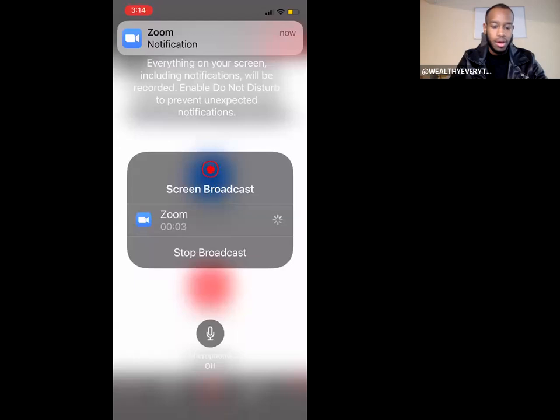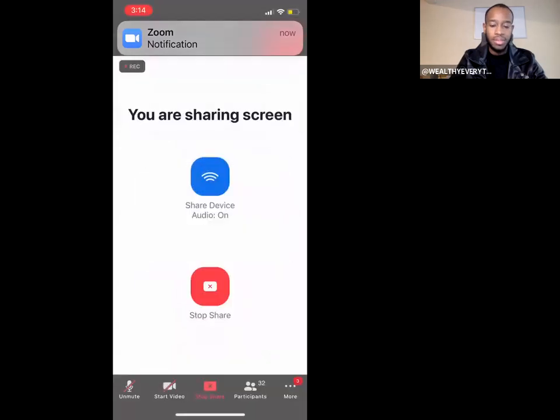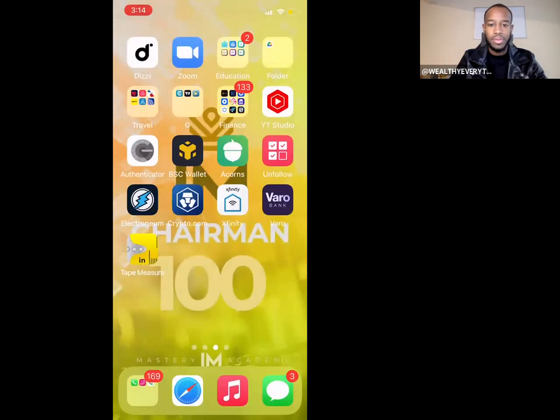I don't think it's actually sharing. How do I switch this? Yeah, it's not sharing. Give me 1 second. Screen. We don't need microphone. Start broadcast. All right. You guys can see my screen now, right? Drop some sevens in the chat to make sure we can see it. It might be a little lagged or delayed, but let me know if you guys can see my screen.